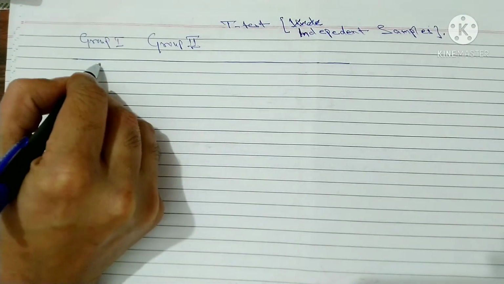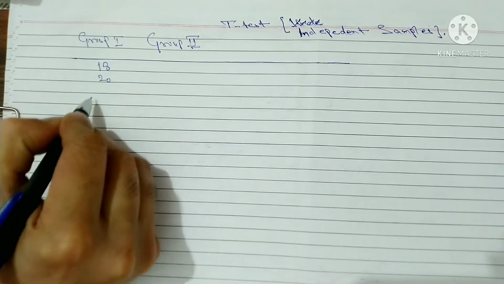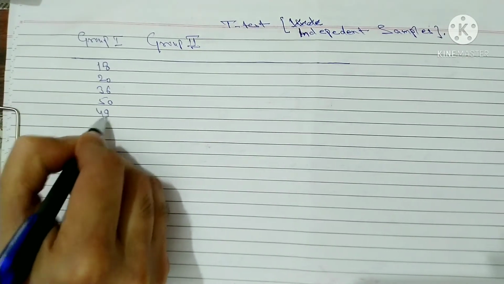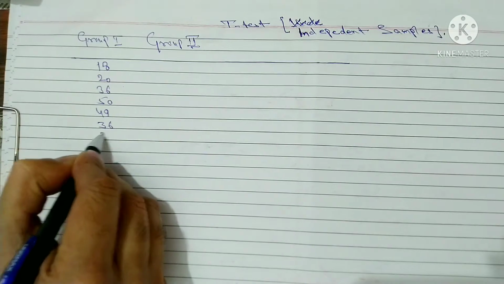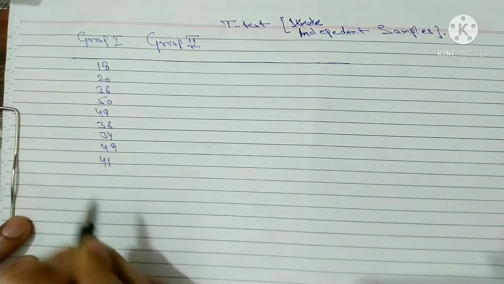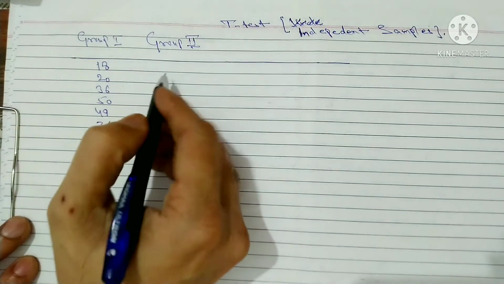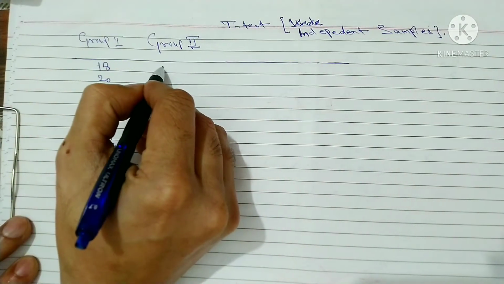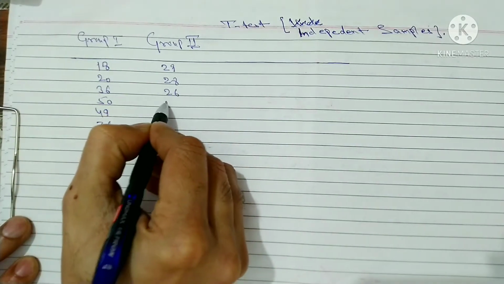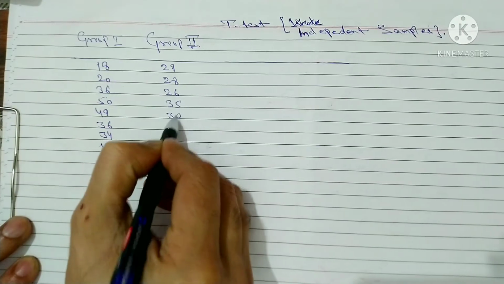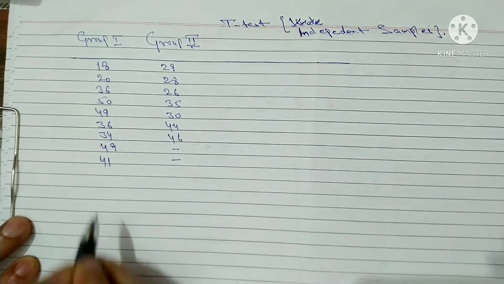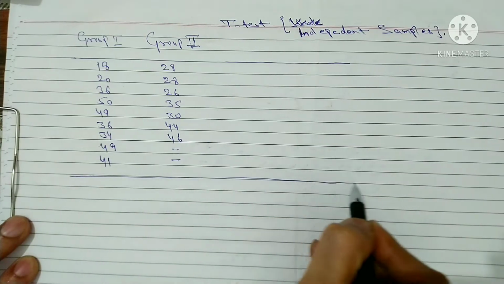Marks of group 1 are 18, 20, 36, 50, 49, 36, 34, 49, 41. And marks of group 2 are 29, 28, 26, 35, 30, 44 and 46. Marks of two groups are given.